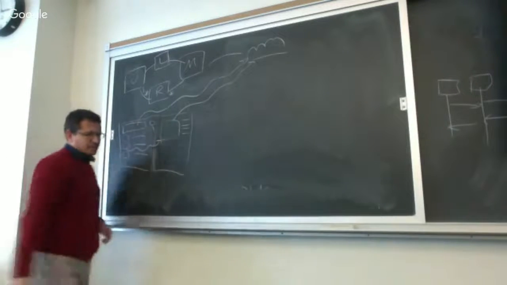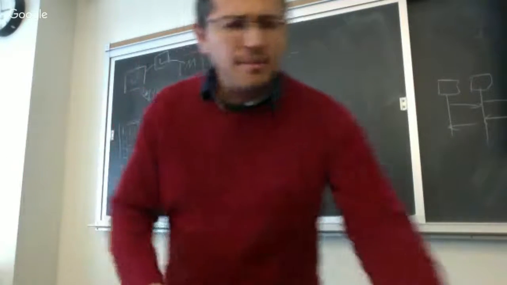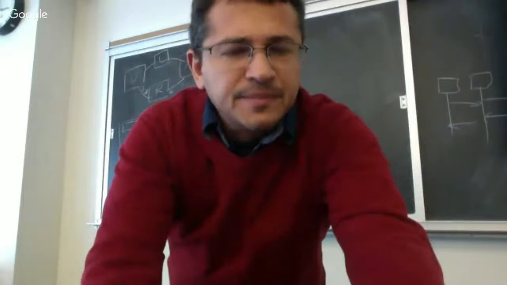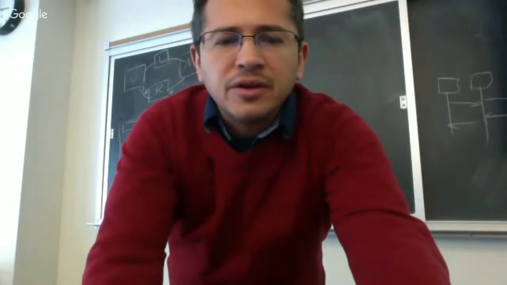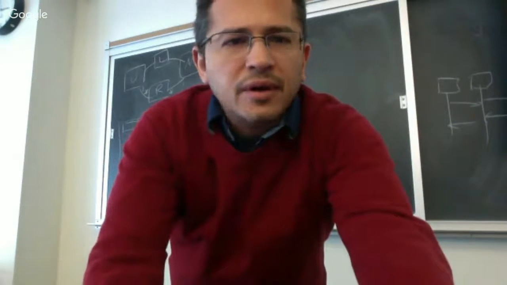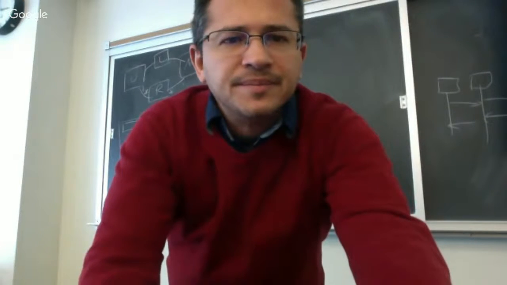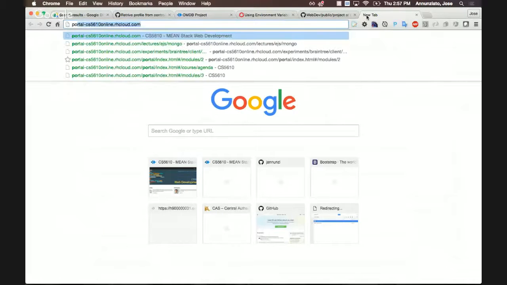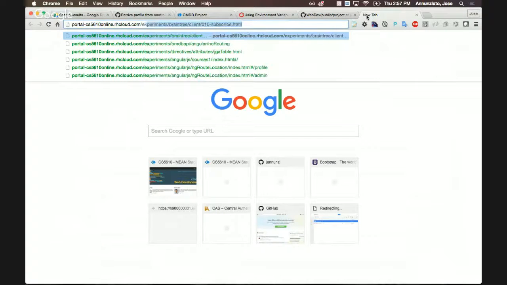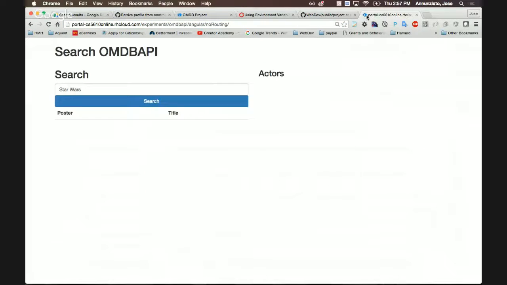So that's one piece, and I believe I had mentioned that you can use, as a sample, from the portal, an experiment that we worked on a couple weeks ago.